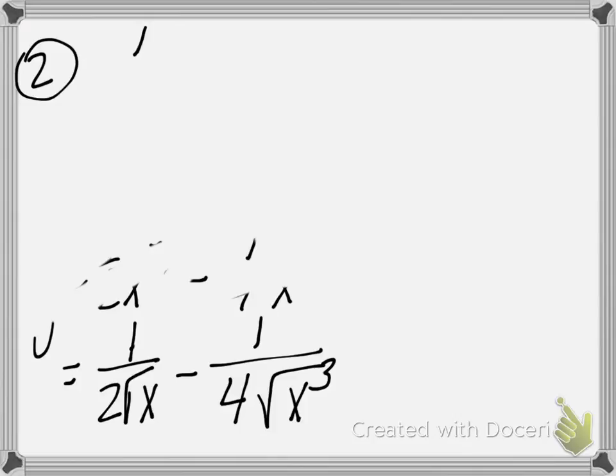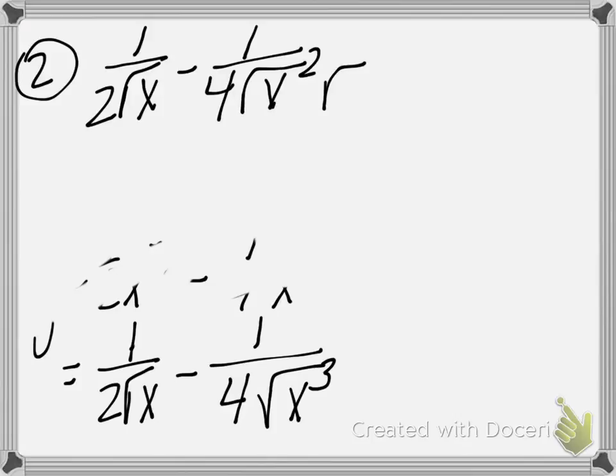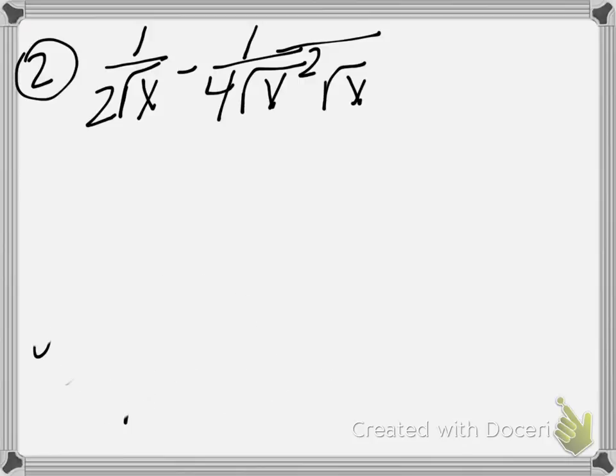Okay, so you still have this, and the thing that you can change is you can break up this radical like that. So that's if you remember how to simplify radicals. And then we get this.